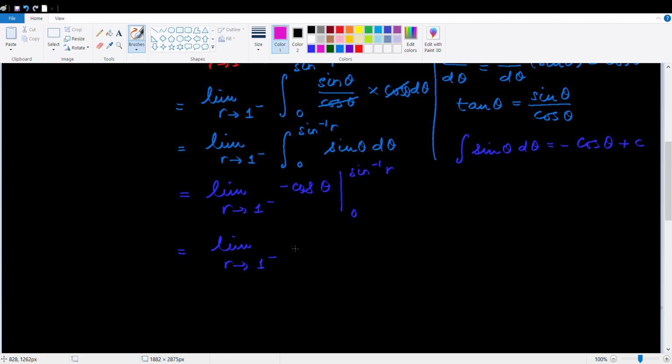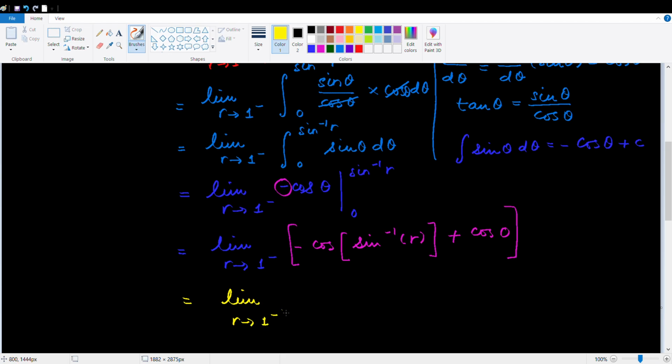I'm going to get minus cosine of sine inverse of r, and this negative makes things positive, so plus cosine of 0. This is what we are supposed to get. Now this will be equal to the limit r tends to 1 from minus of 1 minus cosine of sine inverse r.